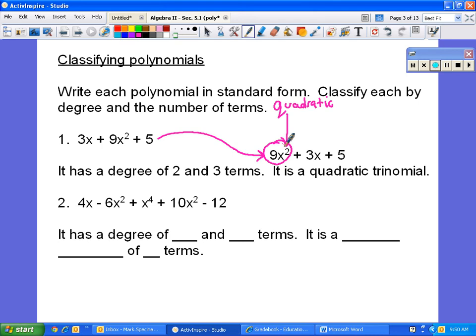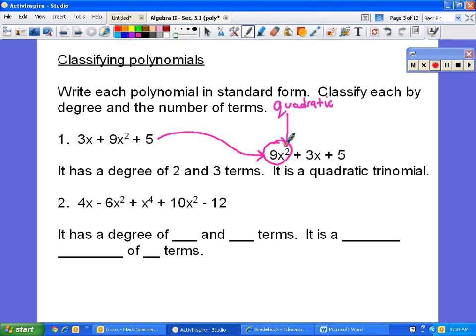It's multiplication. But when we separate 3x from the 5 and the 9x squared by 2 plus signs, we end up with 3 terms. So don't just count the number of things and say 1, 2, 3, 4, 5, 5 terms because it's got a 9, an x, a 3, an x, and a 5. 3x is a term, 9x squared is a term.